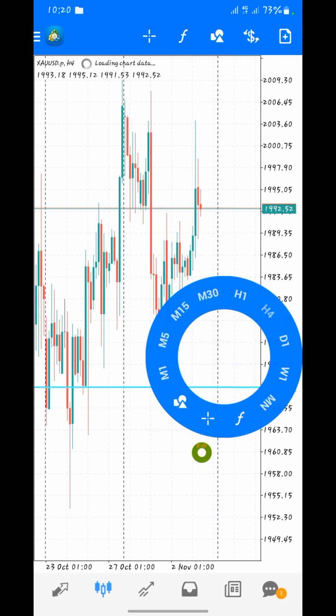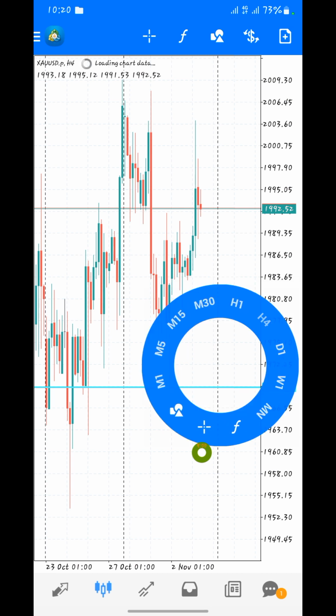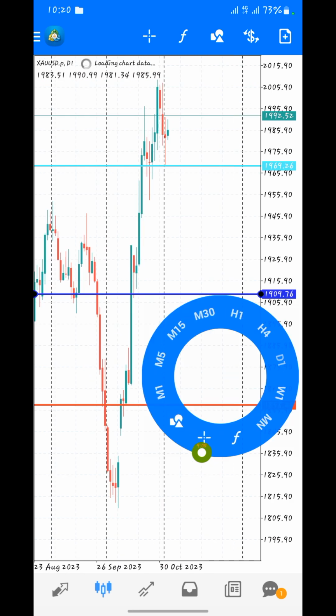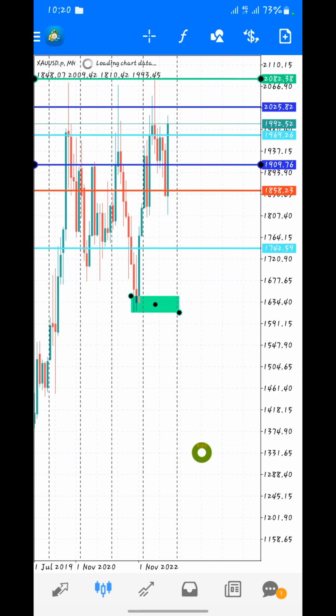So for us to get into a good swing position where your risk will be less compared to the reward ratio, we will get back to our weekly time frame, and divide the zones where the price is now again into two parts.